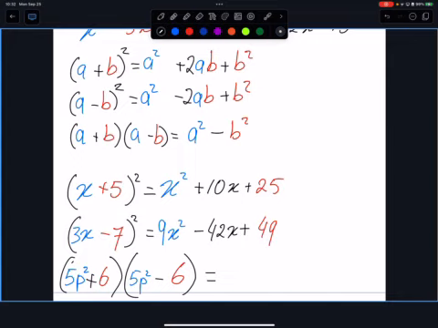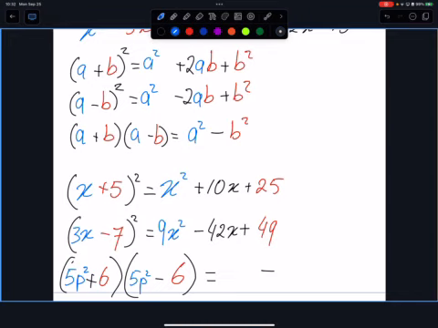A squared minus B squared. So 5b squared, 5 times 5 is 25. 25 b squared. Is it 31 squared minus 9 squared?